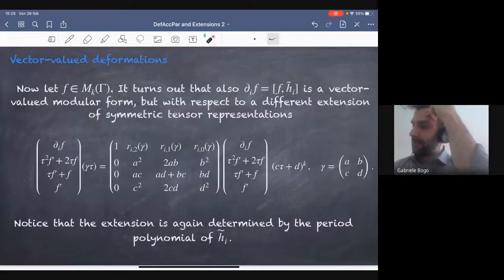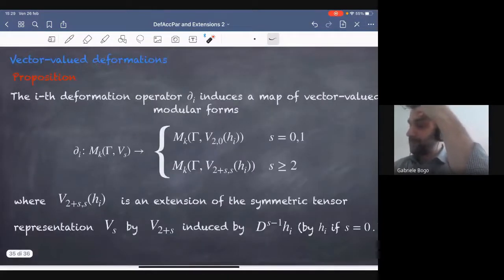But this means in particular that given some modular form here, we can construct in a well-defined way a vector valued modular form with respect to some extension. But we can also consider this F as a component of a vector valued modular form thanks to the Kuga-Shimura and quasimodular theorem. And this means precisely that the deformation operator that I defined from the differential equation in terms of accessory parameters induces a map of vector valued modular forms.